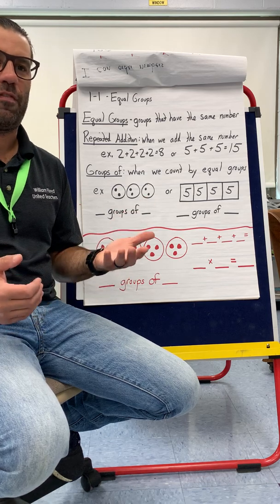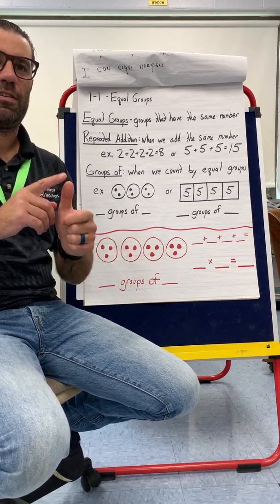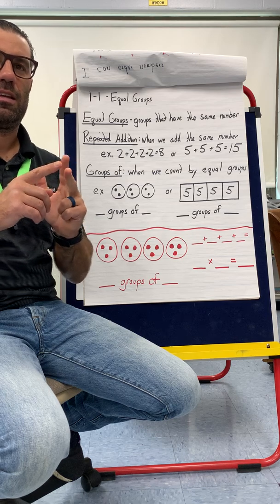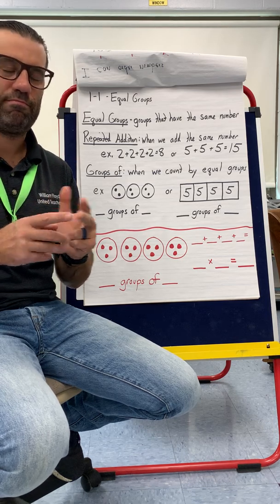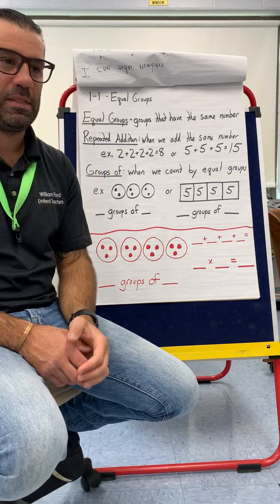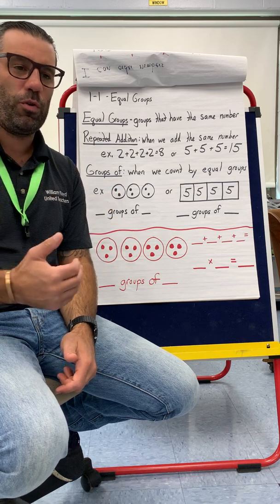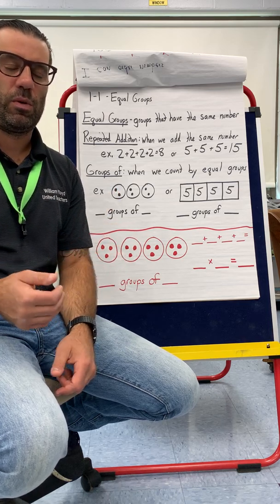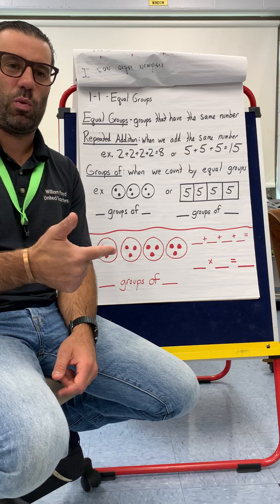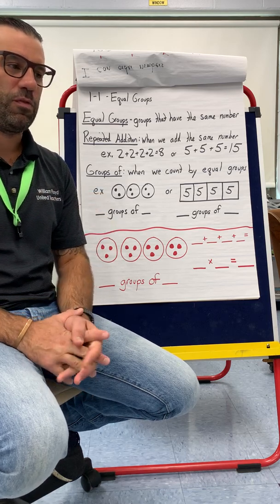So you count by 5 three times: 5, 10, 15. That's it. Or if I had to do 4 times 10, it means 4 tens, or 4 groups of 10. So it's 10, 20, 30, 40. 4 times 10 is 40.